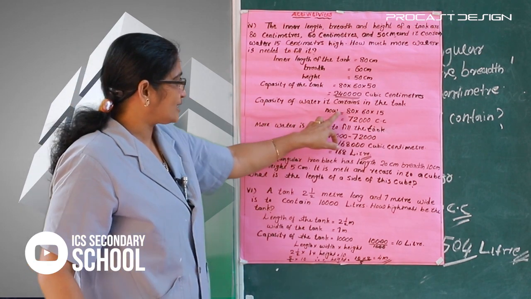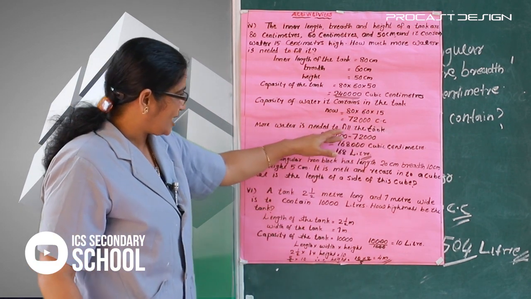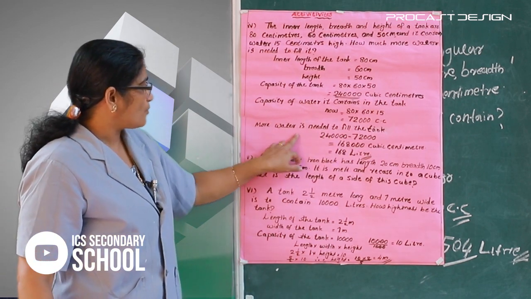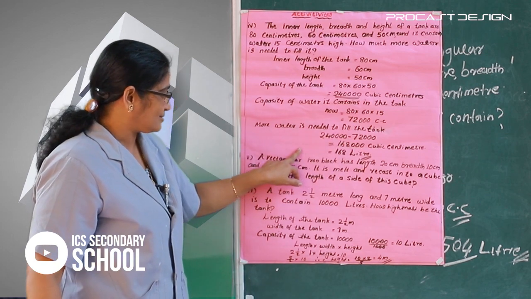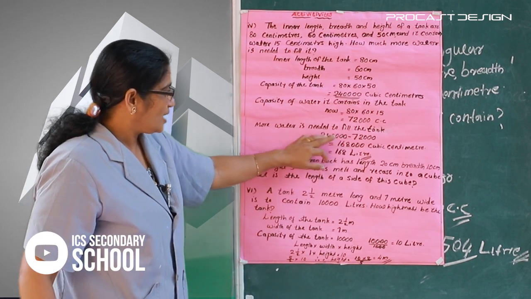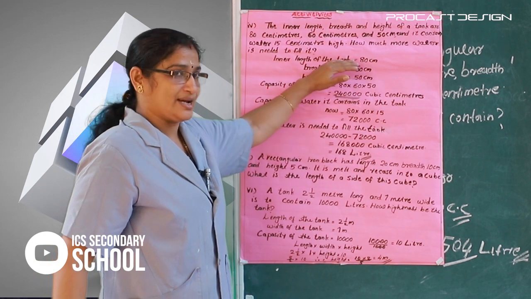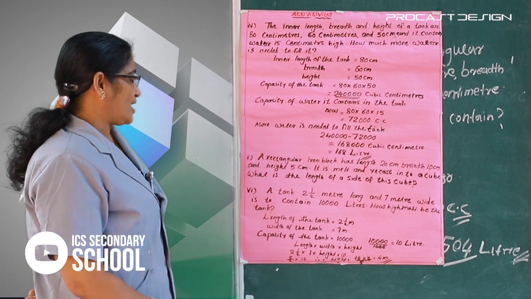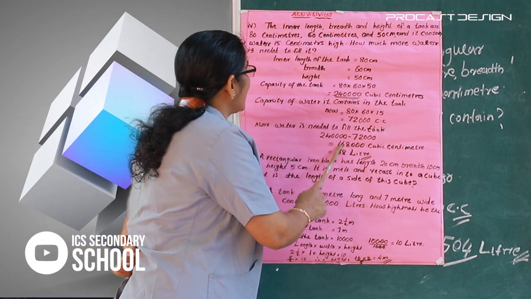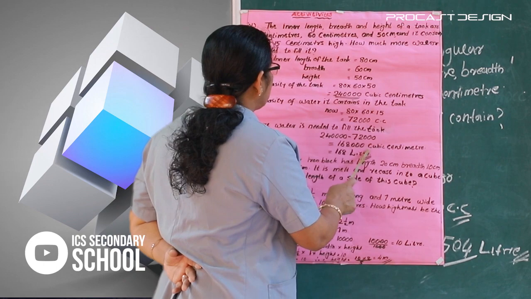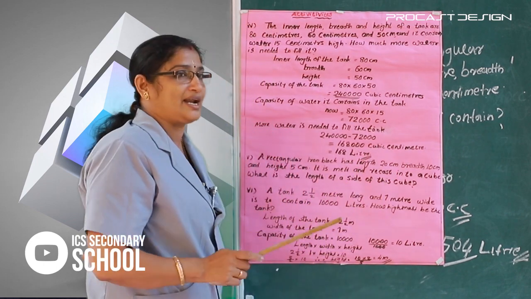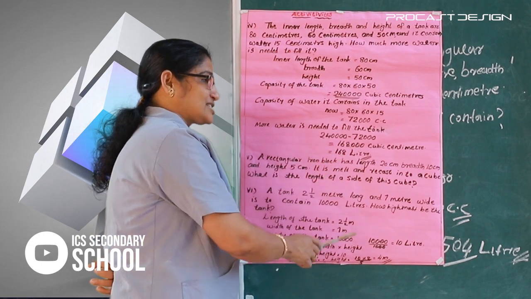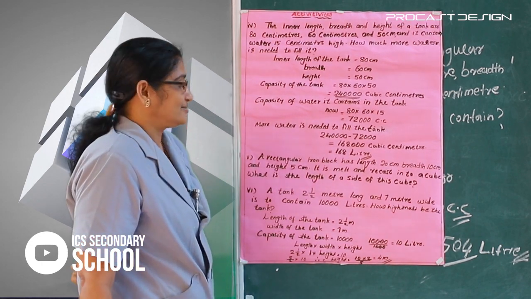To find how much more water is needed to fill the tank, we find the volume and subtract. Then we get 1,68,000 cubic centimeter, divided by 1000 is 168 liter.